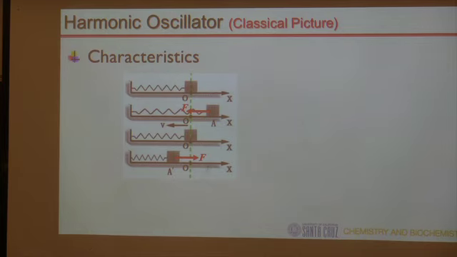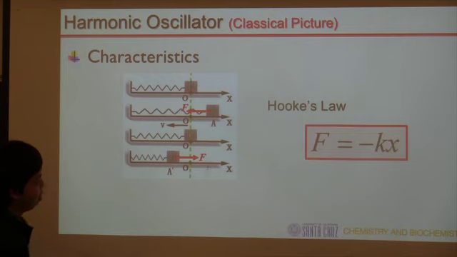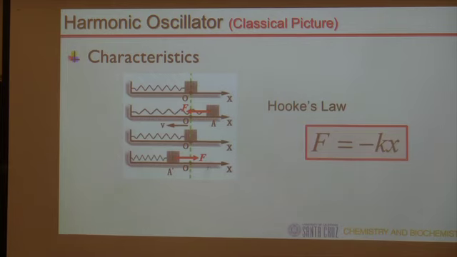Is it because the function is like a sine? Yeah. But if you go back to the very beginning, the force created by the oscillation satisfies Hooke's law. So if the force satisfies this relationship, we call this oscillation a harmonic oscillation, and we know it's just an idealized model.